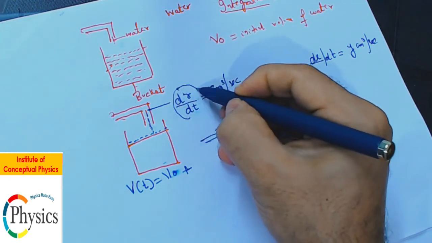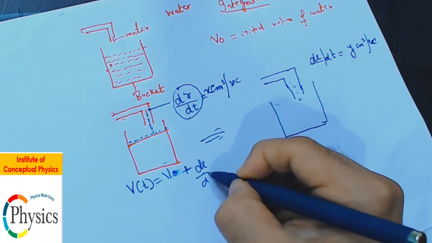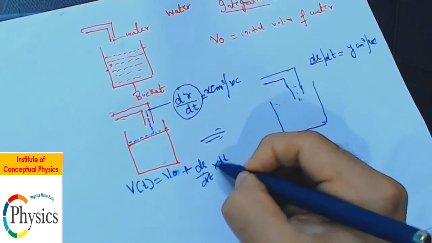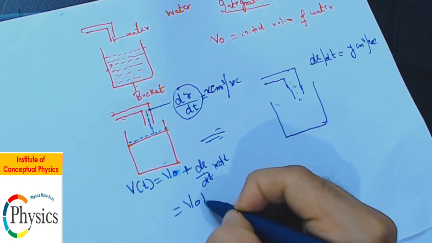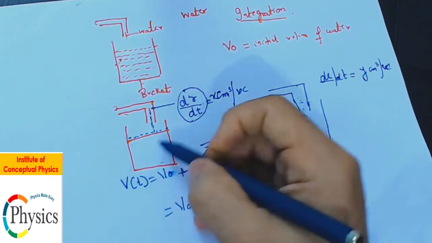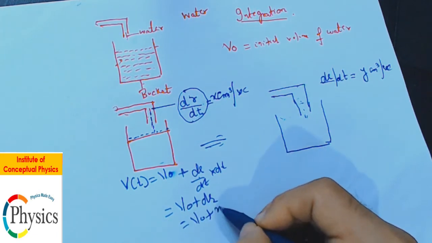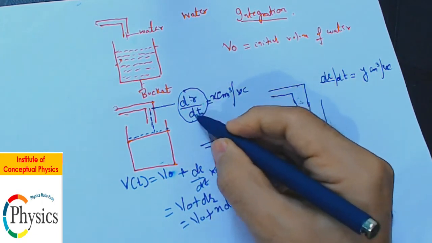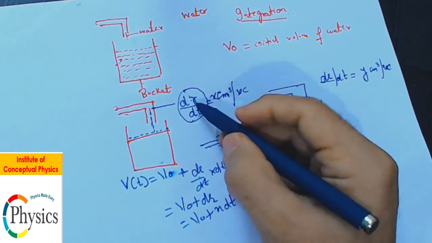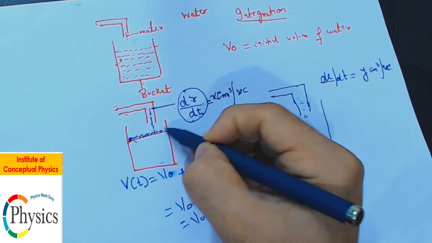So if the time dt has elapsed, the volume which will get filled up is this much, okay? So the volume becomes V0 plus dV, or you could write this as V0 plus X dt, right? Because dV is equal to X into dt. So this is a new volume which has got added to the bucket.